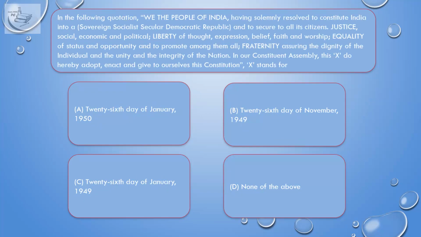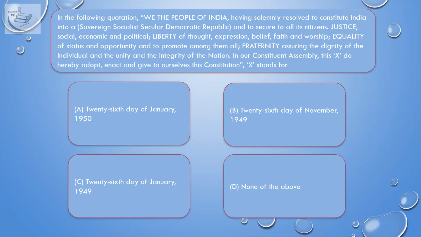Question: in the following quotation, "We the people of India, having solemnly resolved to constitute India into a sovereign socialist secular democratic republic, and to secure to all its citizens justice, social, economic and political, liberty of thought, expression, belief, faith and worship, equality of status and opportunity, and to promote among them all fraternity, assuring the dignity of the individual and the unity and the integrity of the nation.